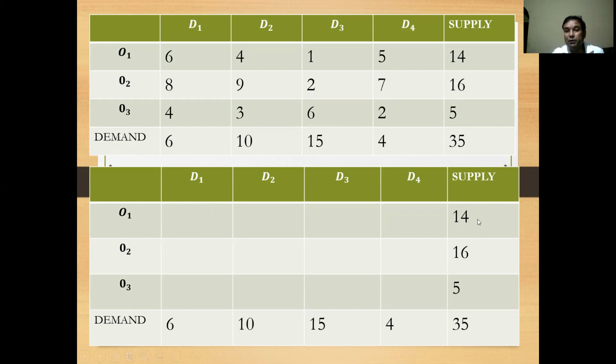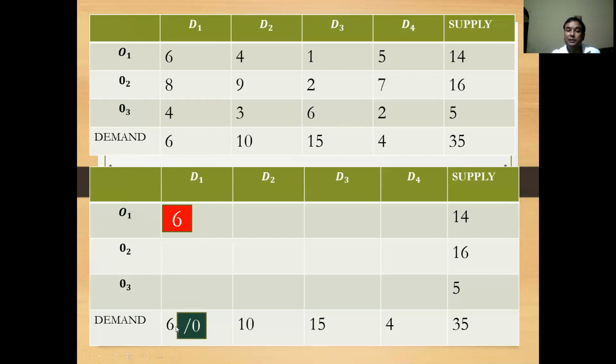In origin 1, the available supply is 14 and the requirement is 6. So how many items can we supply to destination 1? We can supply a maximum of 6 items to destination 1. That means we write 6 here. While supplying this required demand, this part becomes 0.